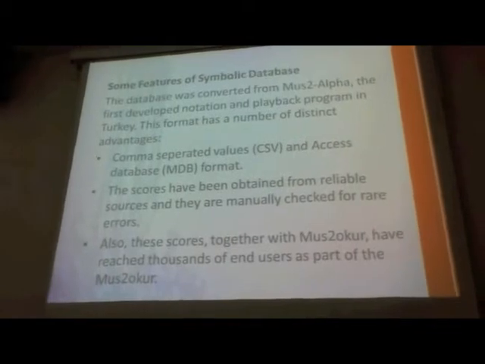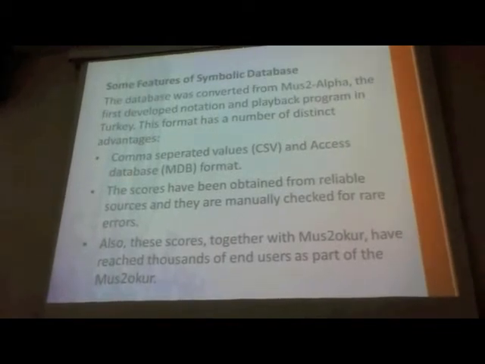The database was converted from the MUS2 Alpha, the pre-release version of MUS2, the first notation and playback-based program developed in Turkey. This format has a number of distinct advantages. One is that the values are separated by commas in a comma-delimited file, a CSV file.